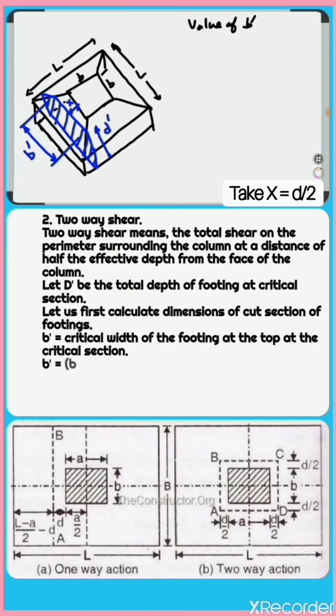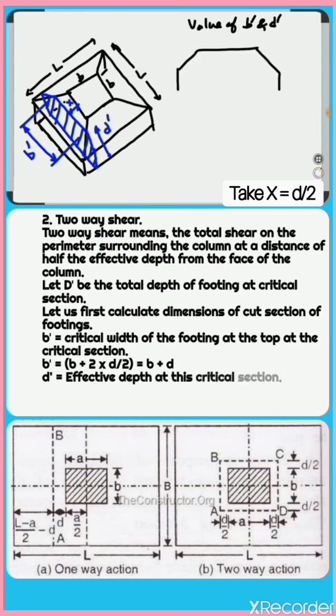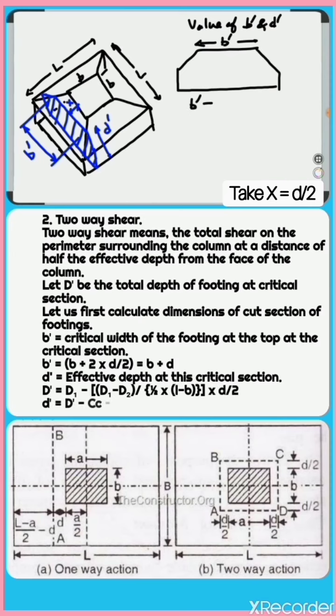Let us first calculate dimensions of cut section of footings. B dash equals critical width of the footing at the top. At the critical section, B dash equals B plus 2 into D by 2, assuming slope angle of footing equal to 45 degrees.